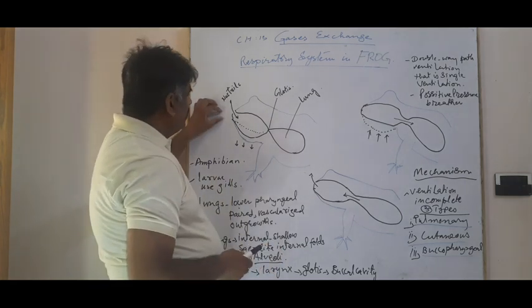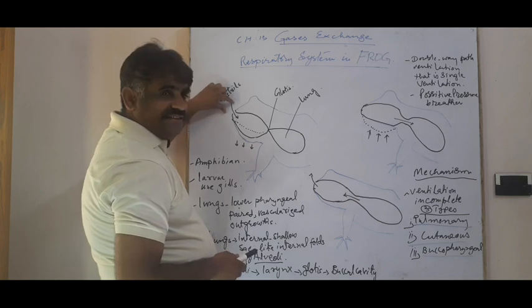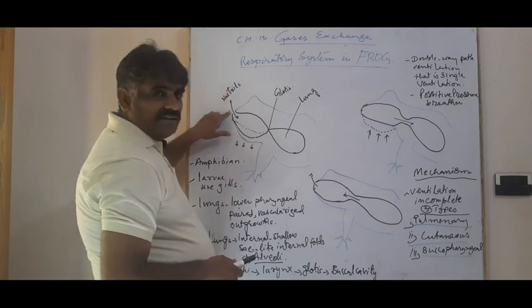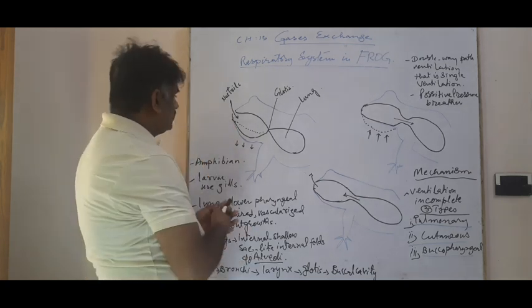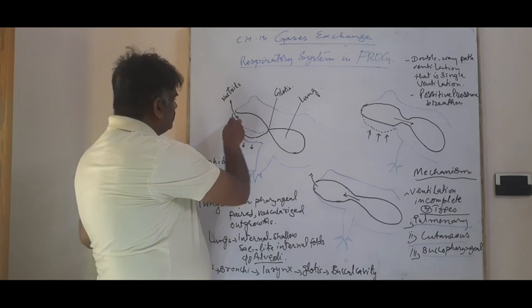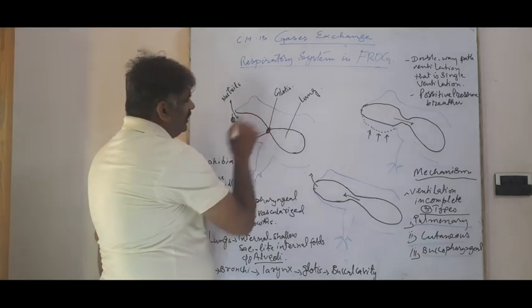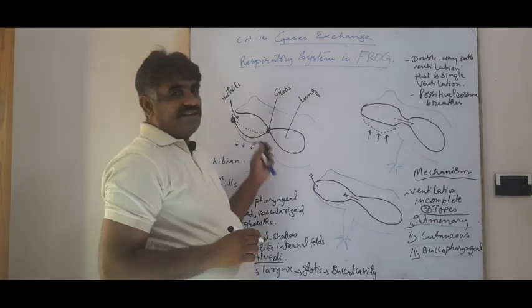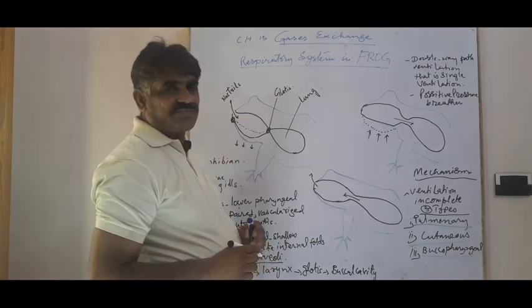First, you know that frog has external openings, nostrils. When nostrils are open, two things are closed. Mouth is closed, and glottis, as a wall between buccal cavity and the lungs, is closed.